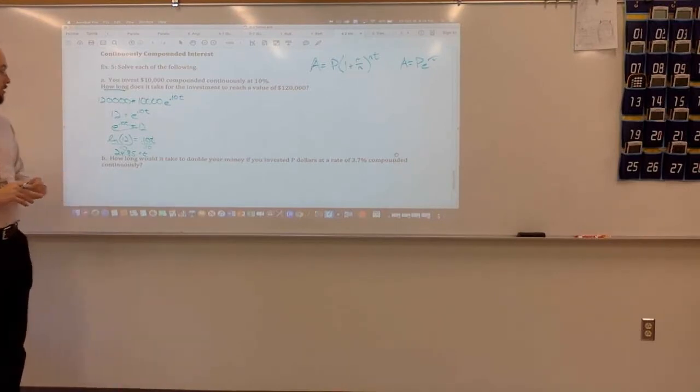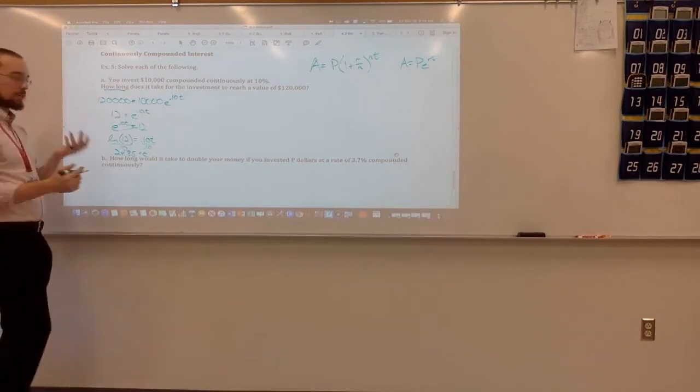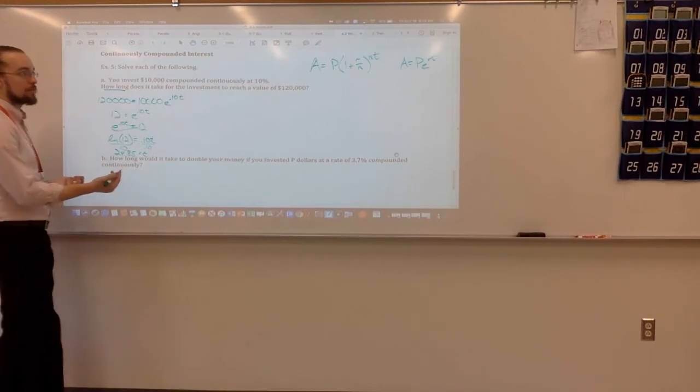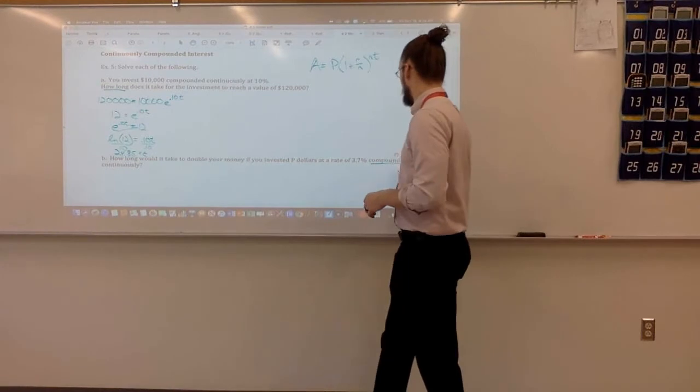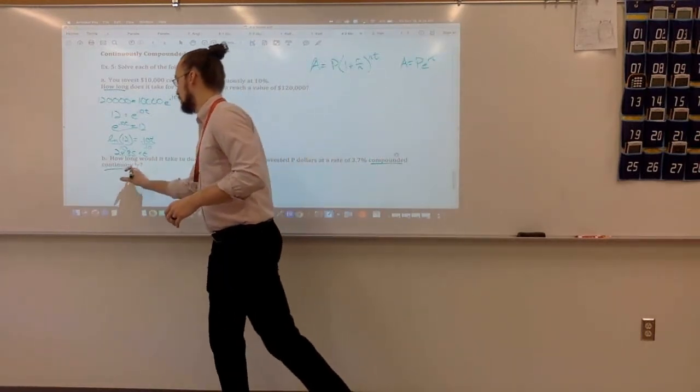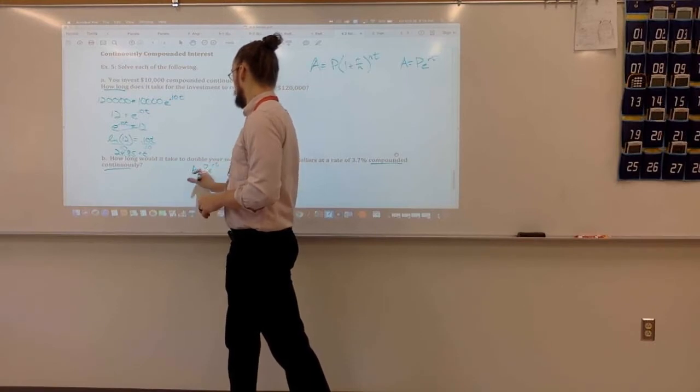For B, how long would it take to double your money if you invest at a rate of 3.7% compounded continuously? Let's plug this information into our formula. We're using PERT again because we're compounding continuously. So A equals P e to the rt power.